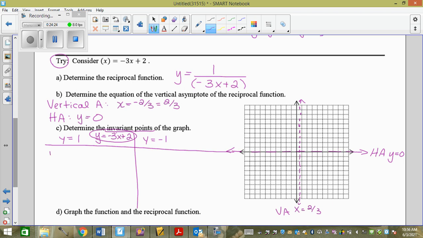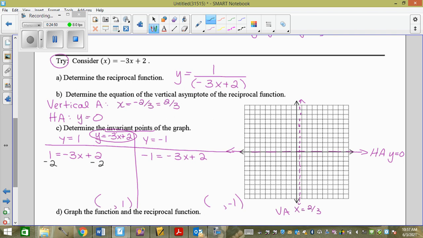So I'm going to go 1 equals negative 3x plus 2. And then I'm going to go negative 1 equals negative 3x plus 2. When I solve this one out, I'm going to get something in 1. When I solve this one out, I'm going to get something in negative 1. Because that's the y's I put in. Do we agree? Okay. Then I'm going to subtract 2.